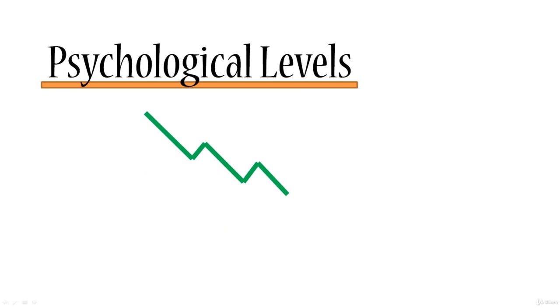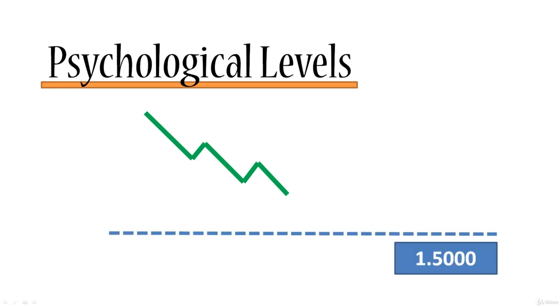They're a bit different in the sense that the price is just in a trend, and then we identify a level which is very often a round number. For example, 1.5000. That is a number that plays with the minds of traders, because they don't know whether the price is going to bounce off it or cross it.